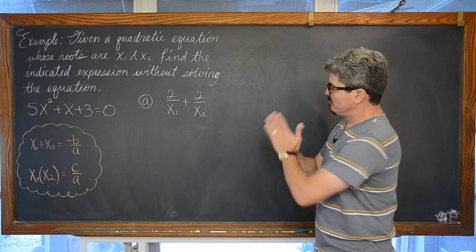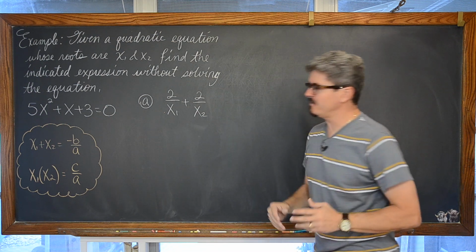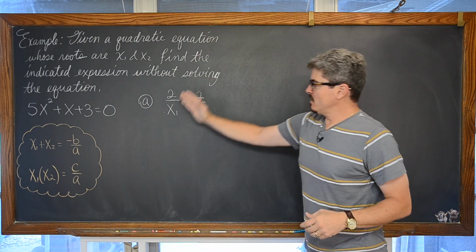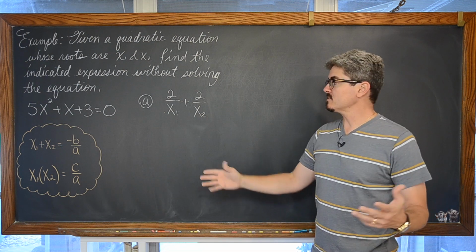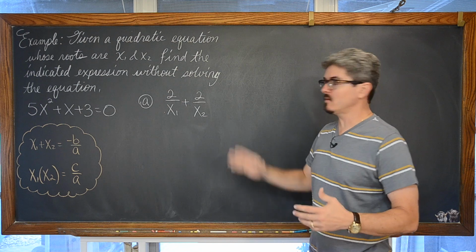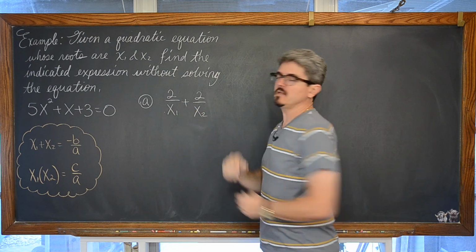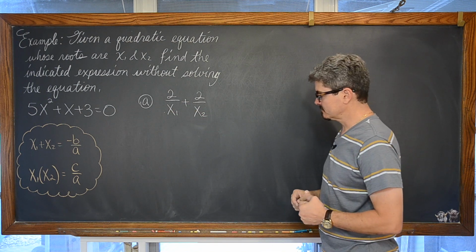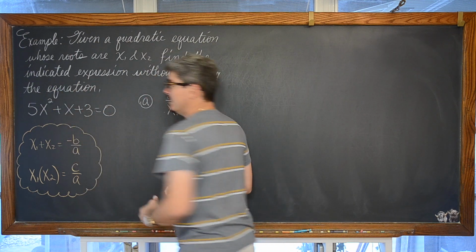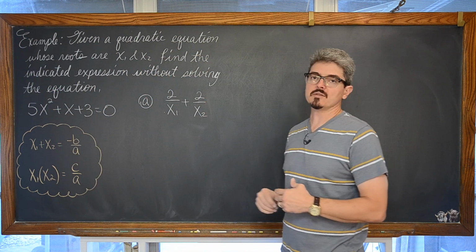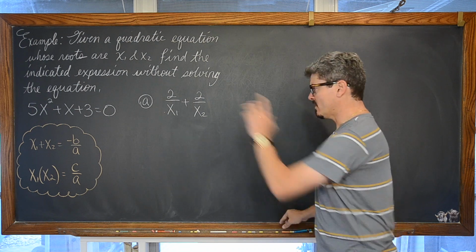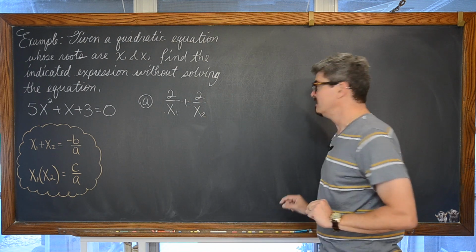It's very quick. But at any rate, we're going to evaluate 2 over x sub 1 plus 2 over x sub 2 without actually knowing the roots that we could just easily substitute in here and get the same answer. What if it was a fourth degree and I didn't want to actually solve that higher order polynomial? I could still evaluate this expression. So don't resist solving that quadratic, even though we can easily.